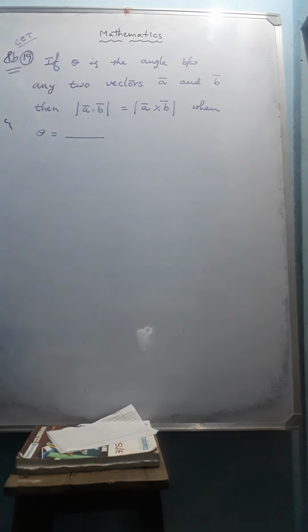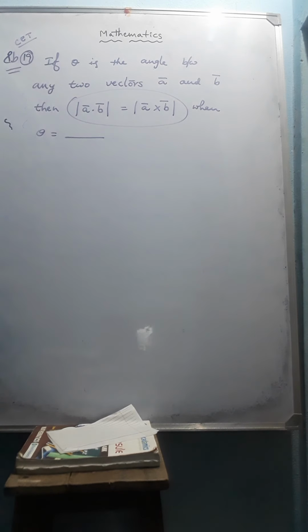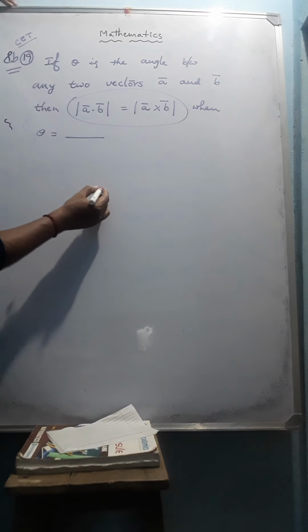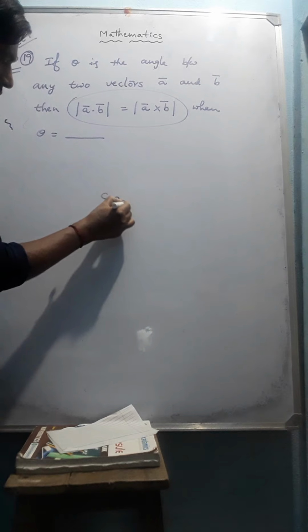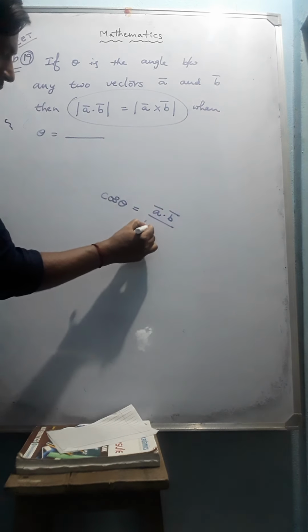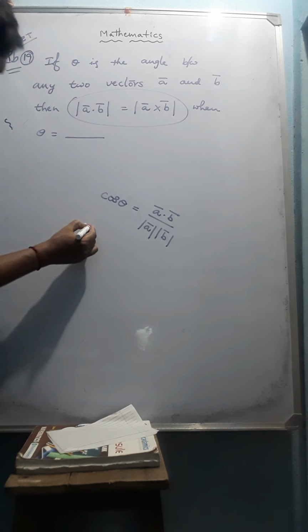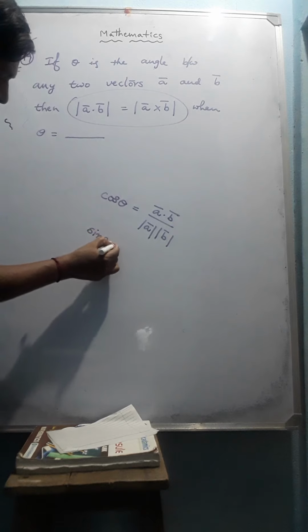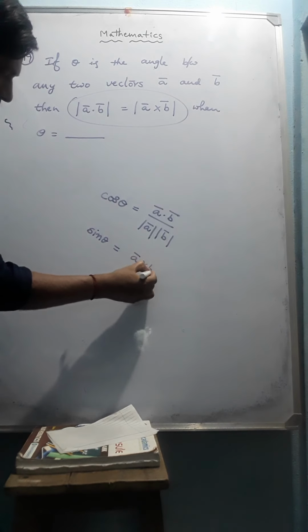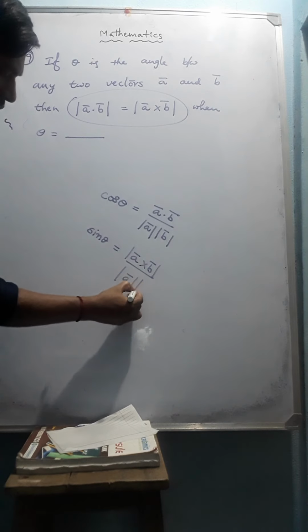Here they have given the condition modulus a dot b is equal to modulus a cross b. We know the cos theta formula: cos theta is equal to a dot b by modulus a into modulus b. Next, the sin theta formula is modulus of a cross b by modulus a into modulus b.